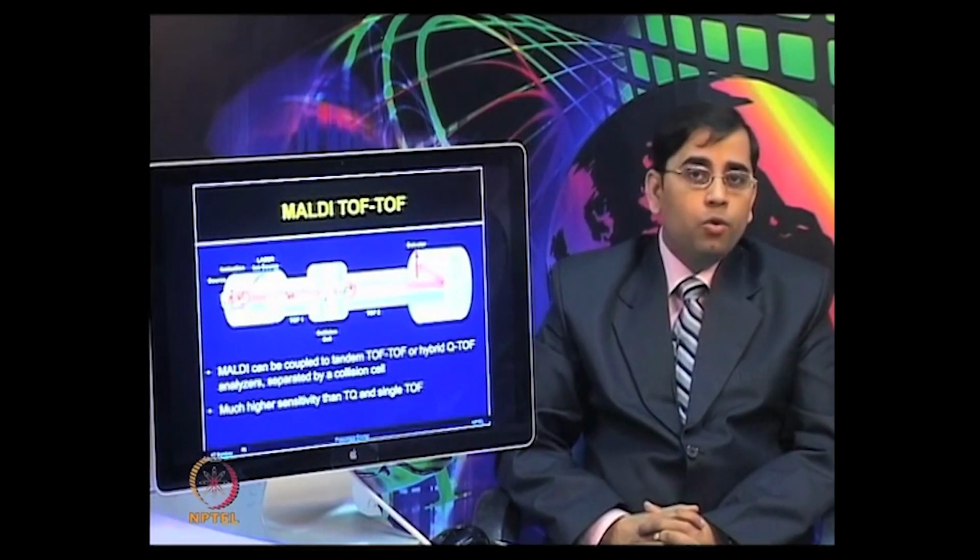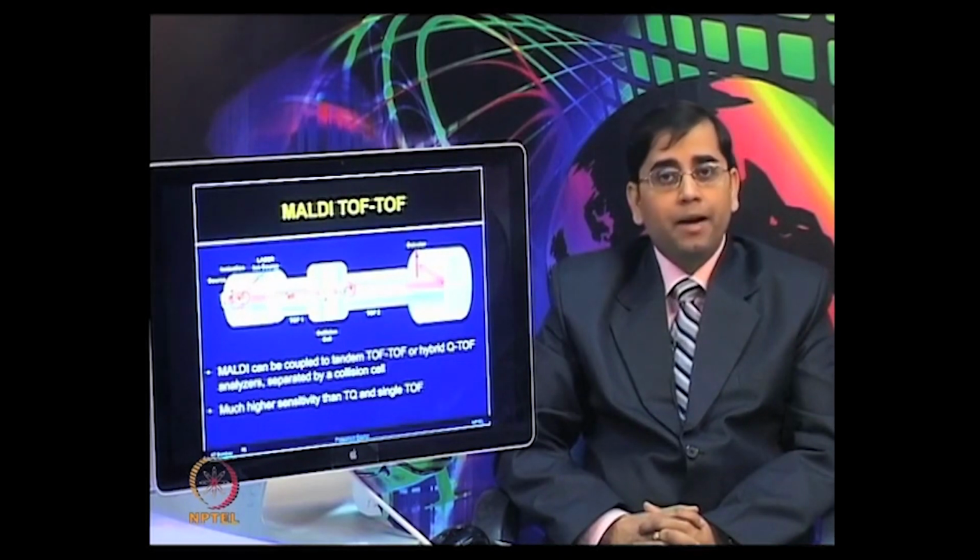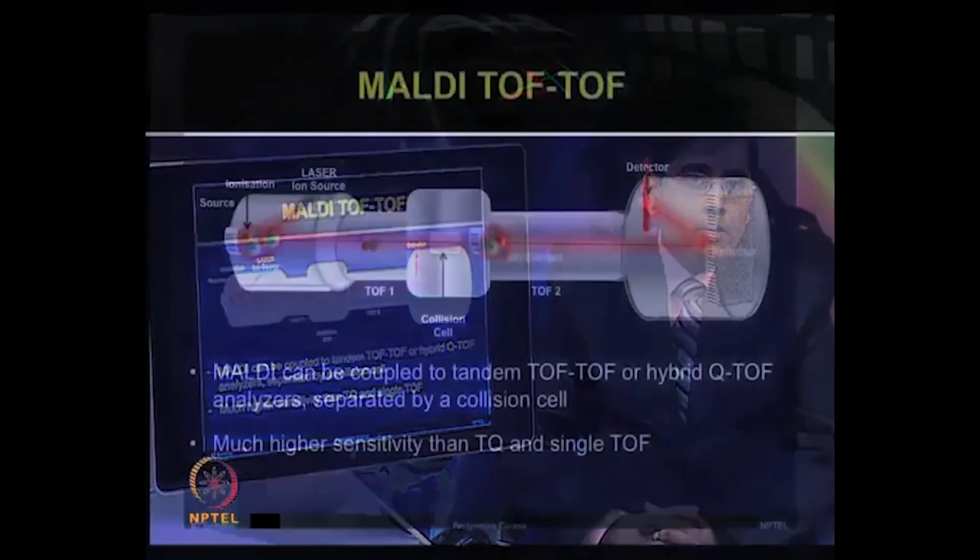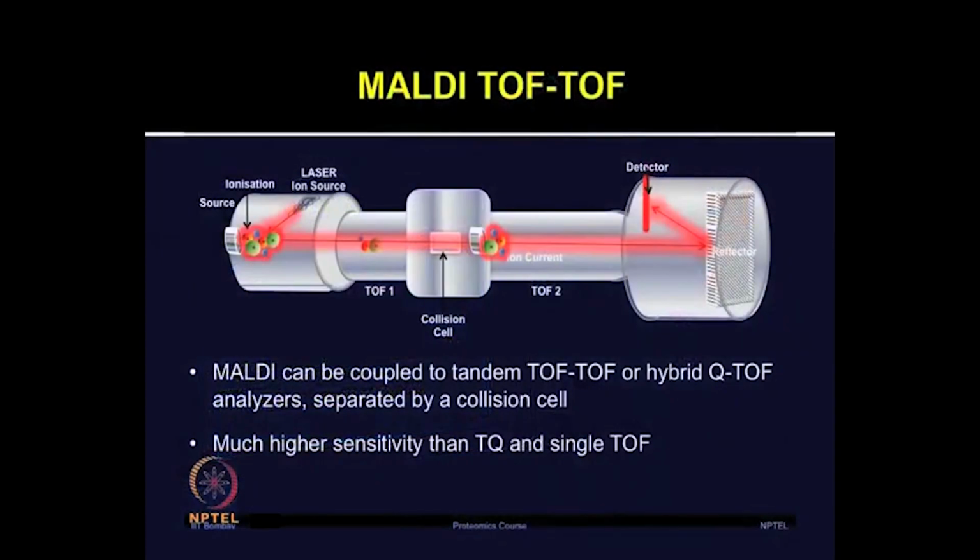Now, let us add one more mass analyzer. So, now we have a configuration of MALDI-TOF-TOF. MALDI can be coupled to a tandem time of flight, in combination with another time of flight, so TOF-TOF, or with hybrid quadrupole time of flight analyzers, which are separated by collision cells.